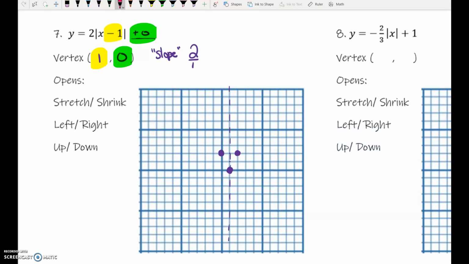Or I have had people graph the vertex in a different color, so I know like that's the point, that's the changeover spot, and then make your points on either side. Up 2, out 1. And you can keep going if you want. And there's your V shape.